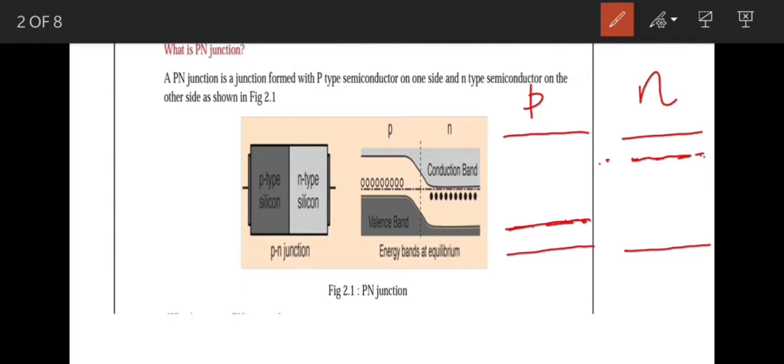So if I am writing here, this is E C P and this is E V P, this is the Fermi level of the p-type and this is the Fermi level of the n-type, and this is E C N and this is E V N.